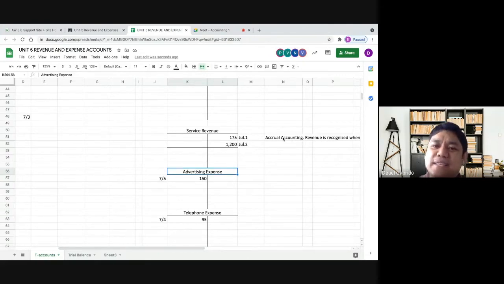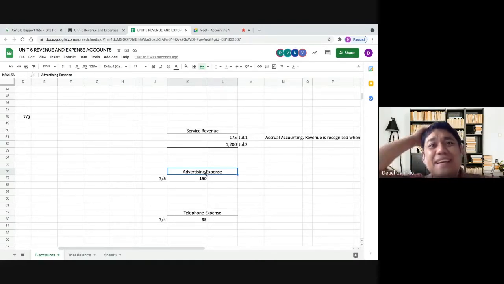In cash accounting, we do not record any expense unless we release cash. Do you understand that? We don't record any data unless we release cash at that moment. So you have to wait for like 30 days before you make a record.